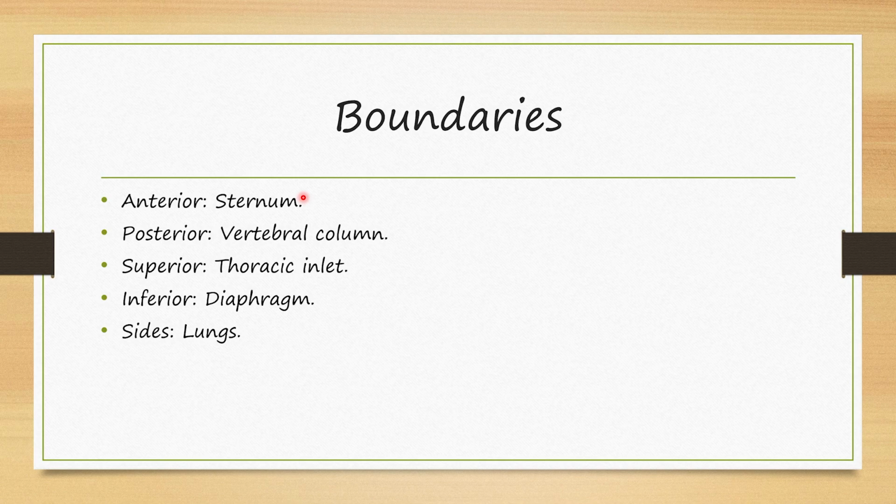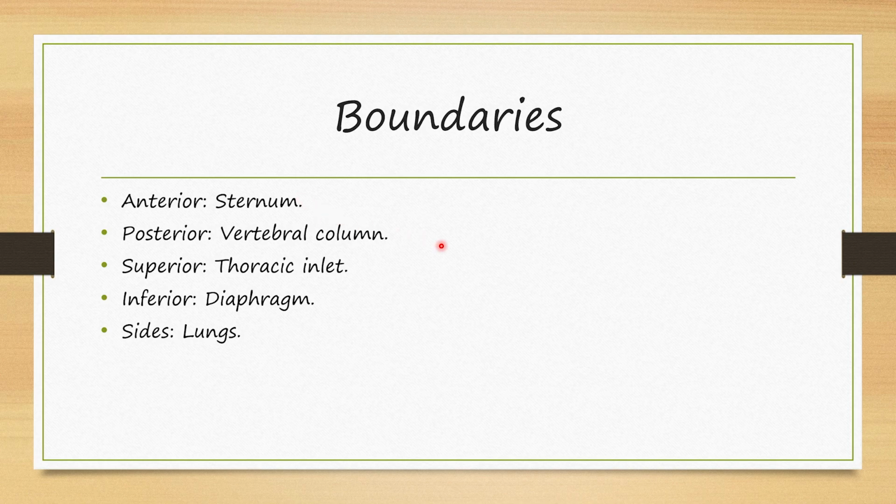Behind the mediastinum, there is the vertebral column. It's called the vertebral column because it holds the cervical, thoracic, lumbar, sacral, and finally coccygeal vertebrae. But what we're talking about here is the boundaries of the mediastinum. So posteriorly, there is the vertebral column.